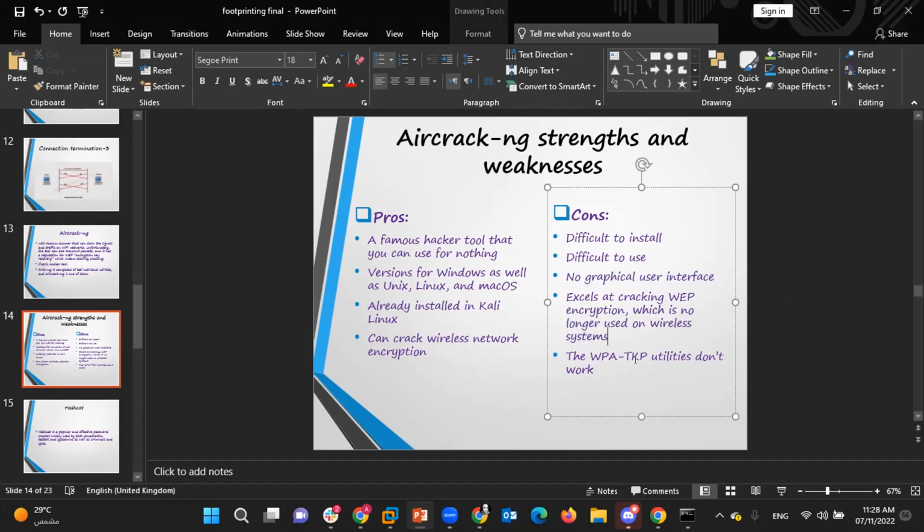The WPA or TKIP utilities don't work. It just works with WEP, not WPA. That's a weakness, so it is not fully helpful for cracking all wireless network encryption.